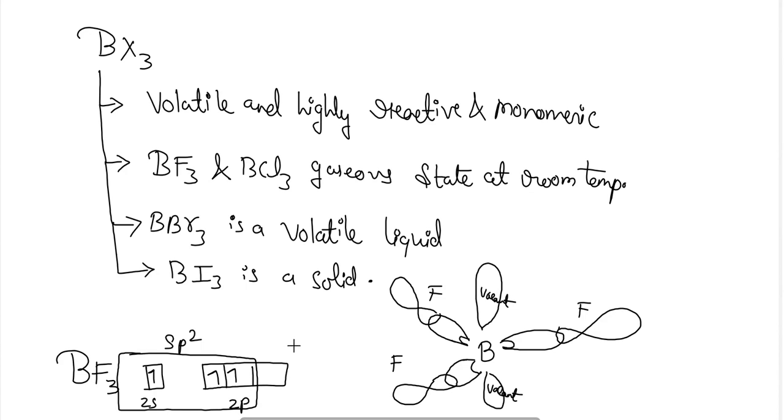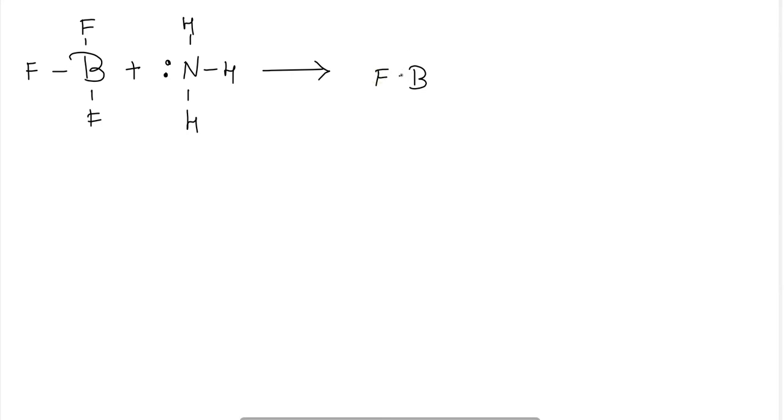Due to this reason, the boron acts as a Lewis acid. Here a dative bond, or covalent or coordinate bond, will be formed between the boron and Lewis bases such as ammonia, which are also called complex compounds.